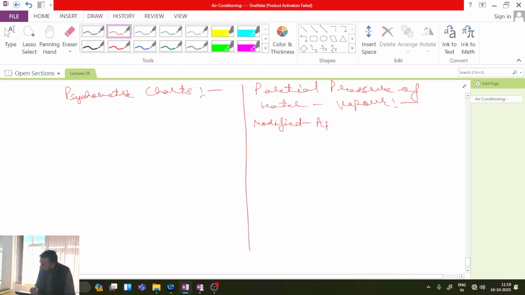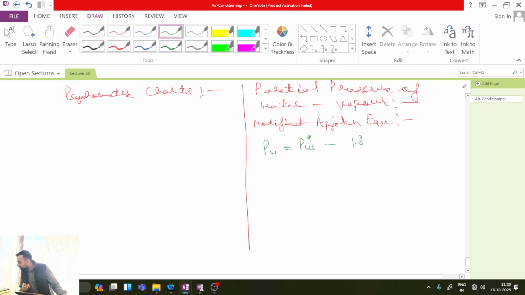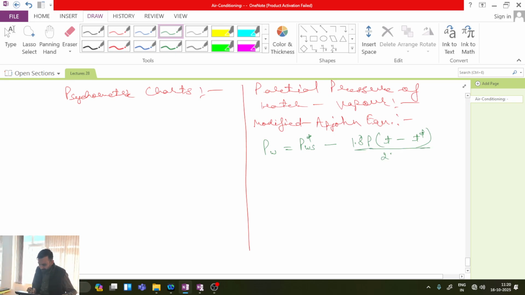Modified Carrier equation: PW can be written as PWS star minus 1.8 into P into T minus T star divided by 2700. Can you tell me what is PWS star?